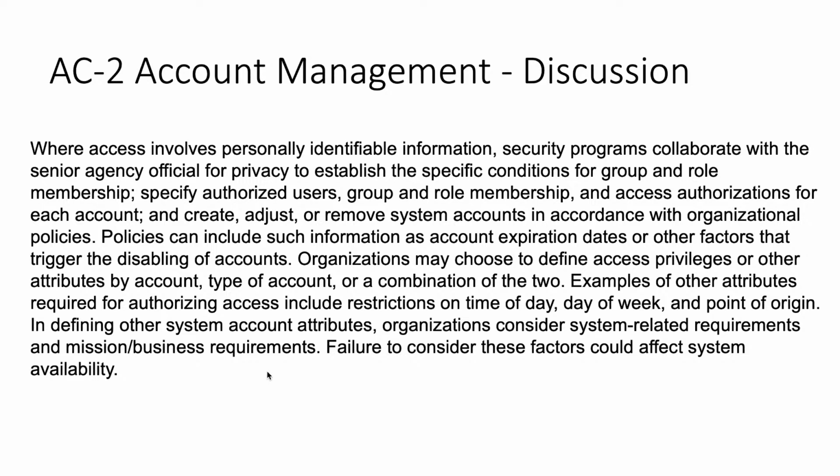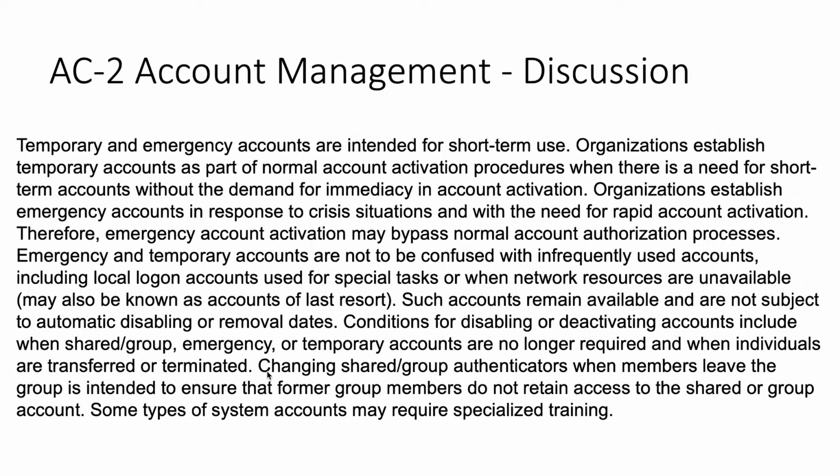And then something like COVID happens and we can't get to that location, right? That could affect availability. If I can't get to that location and that location is the only place I can use that account from, there may be a problem. So we have to think about those things as well.